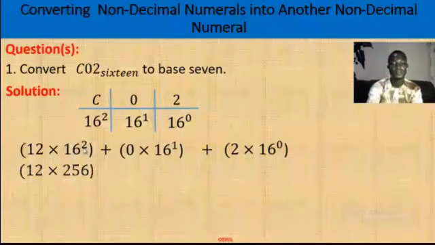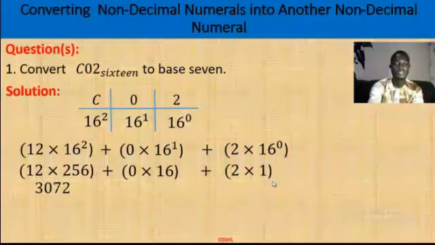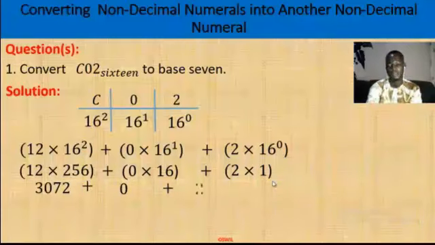Then 16 index 2 would be 256, so it will be 12 times 256 plus, any number index 1 is the same number, so it would be 0 times 16 plus, any number index 0 apart from 0 itself is 1, so it would be 2 times 1, as you see on the screen. 12 times 256 would give us 3072, plus any number times 0 is 0, plus 2 times 1, any number times 1 is the same number, which is 2.